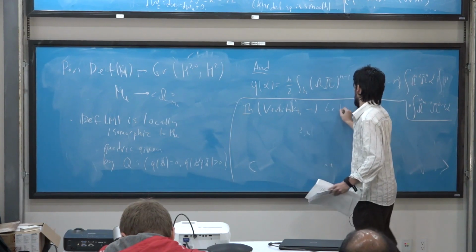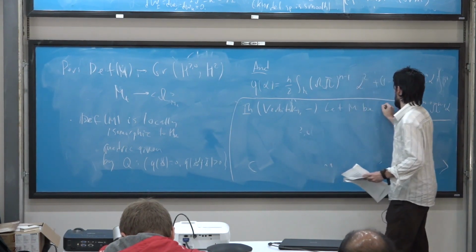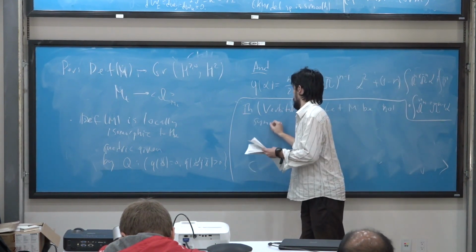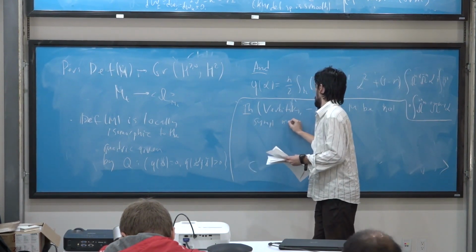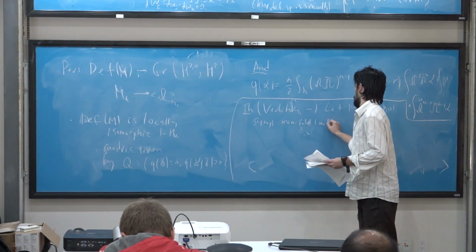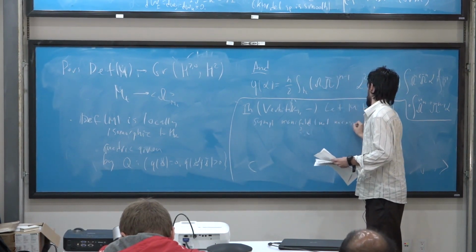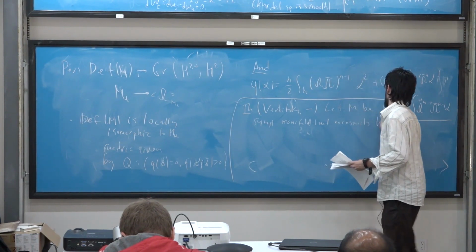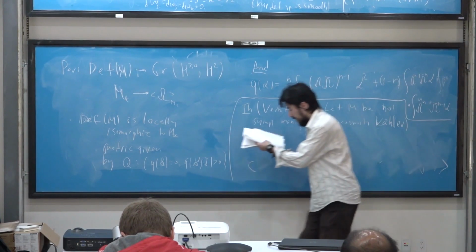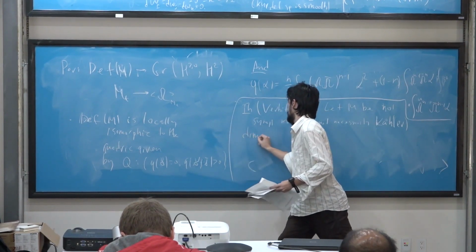Let M be a holomorphic symplectic manifold, not necessarily Kähler, of dimension 2n.